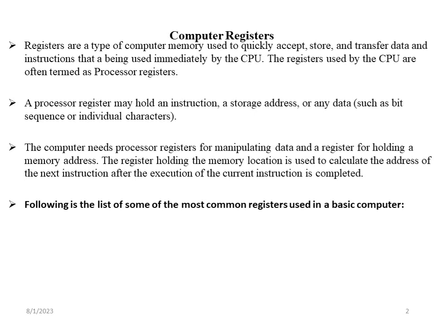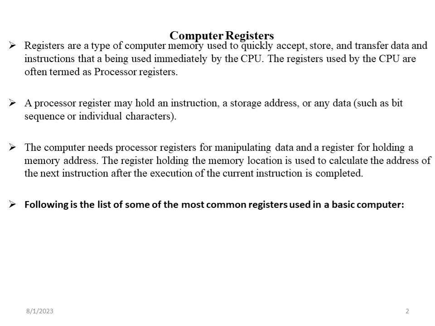A processor register may hold an instruction, it can store addresses, or it can store any data after execution. The computer needs processor registers for manipulating data and a register for holding a memory address. The register holding the memory location is used to calculate the address of the next instruction to be executed and the current instruction which is completed.